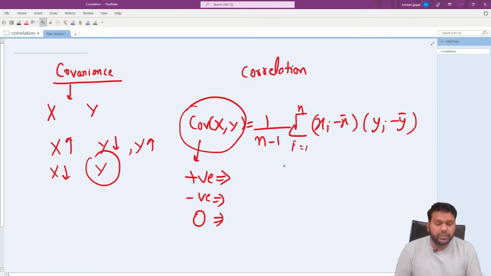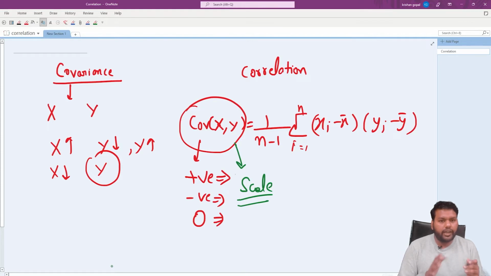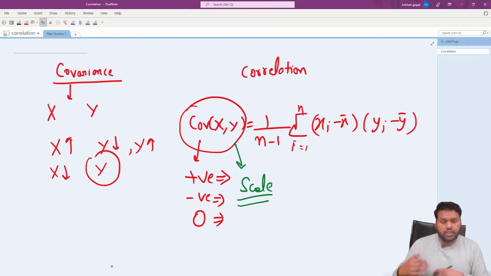But if you carefully see this formula, covariance depends on the scale. It is not independent of the scale. Here the scale is the unit in which you are measuring the random variables x and y. Suppose you want to find how the height and weight of students in the same class vary with each other.